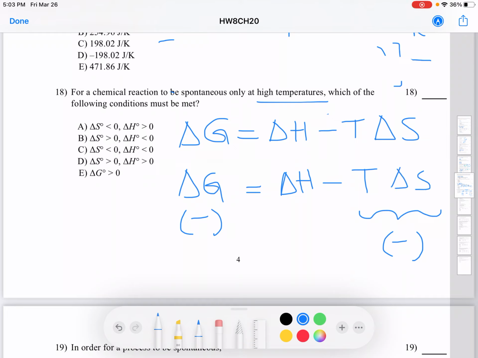Delta S needs to be positive, because positive times the negative sign will make the negative part of the equation larger. So delta H is okay to be positive, but delta S also needs to be greater than 0. So on these two conditions, delta S needs to be greater than 0, delta H needs to be greater than 0. So you choose the correct answer from this set.